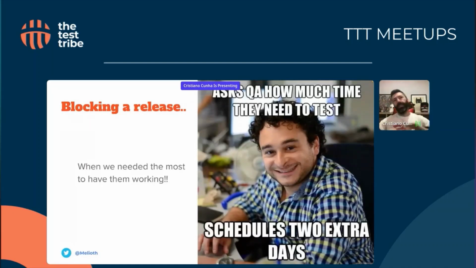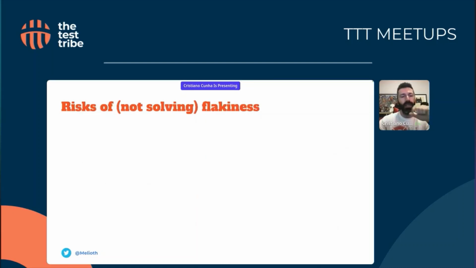So we have stated that, well, flakiness happens. I don't want to blame the tests for the flakiness, but flakiness happens, and there are risks with it if we don't solve it.